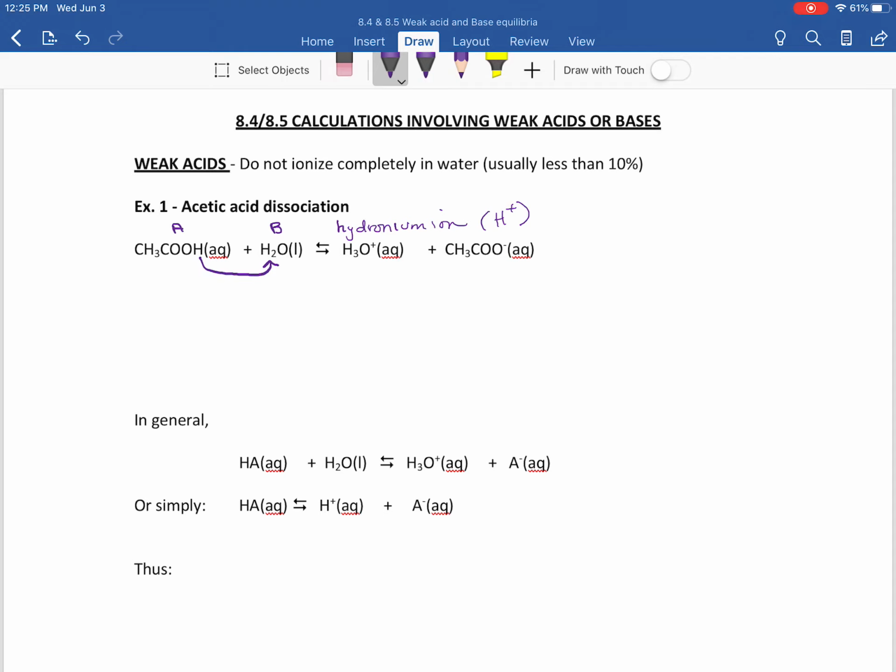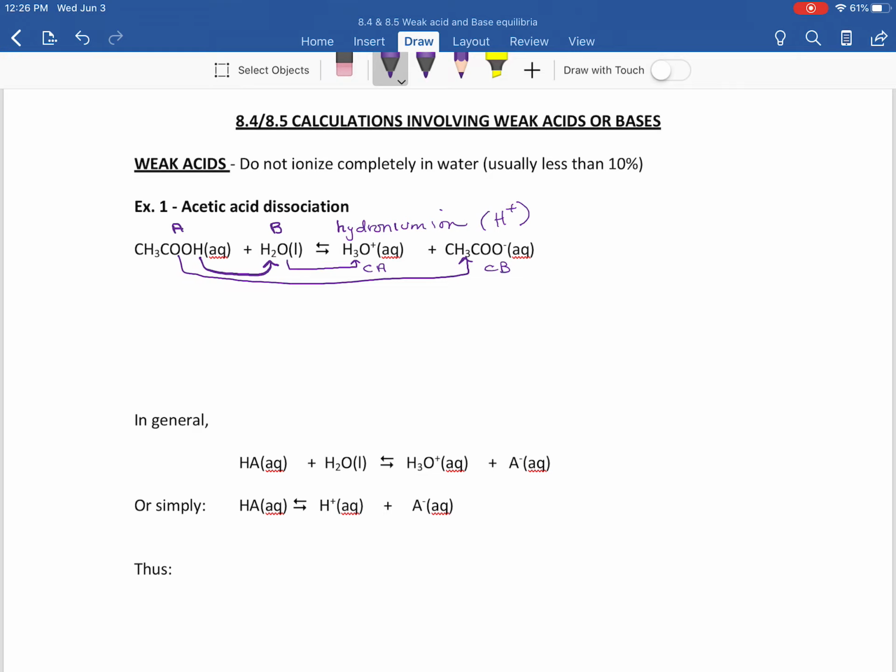Since water is the proton acceptor, once it's accepted the proton, we make the hydronium ion, or we're going to call it later on the proton. This will be my conjugate acid. And since my acetic acid gave up its proton, it is linked, and this acetate ion is now the conjugate base because it's got no proton to donate.